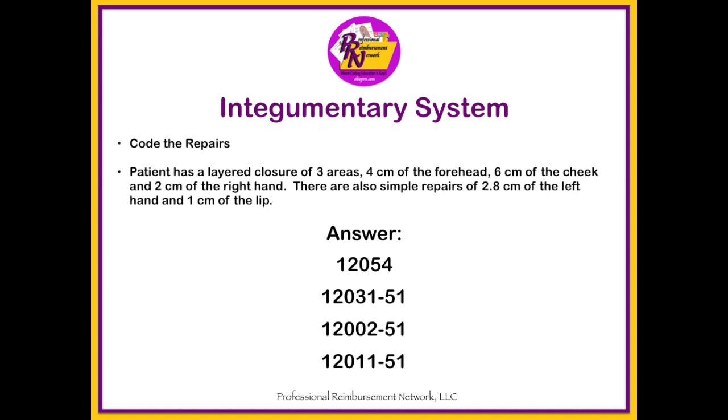So the correct sequenced answer is as follows: 12054, 12031 with the modifier 51, 12002 with the modifier 51, and 12011 with the modifier 51.